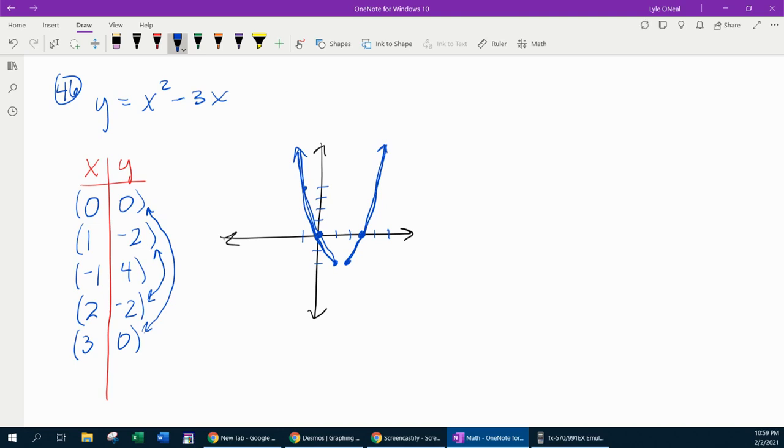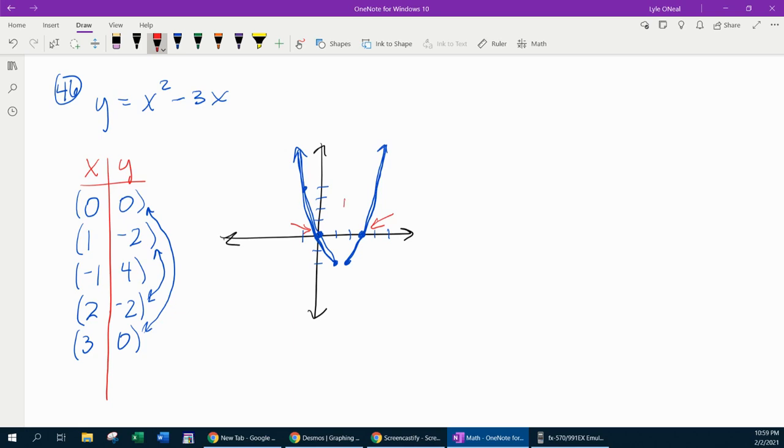Now, what I don't see is something called the vertex. The vertex is the center of the parabola. In this case, it's going to be the lowest point. And the vertex always occurs right in the middle of symmetric points. So if you consider these 2 points here, these would be points of symmetry because they're at the same height.